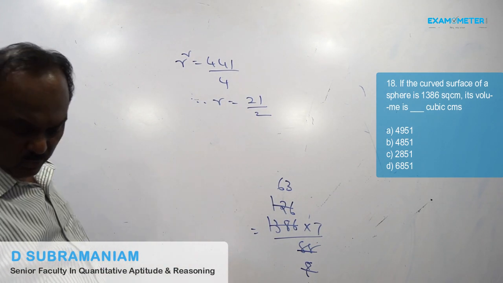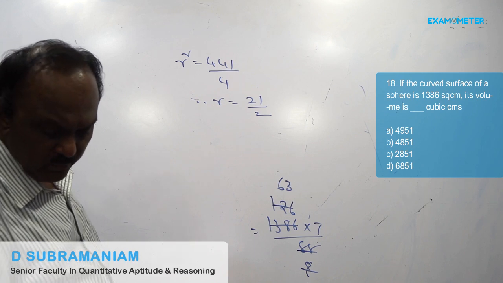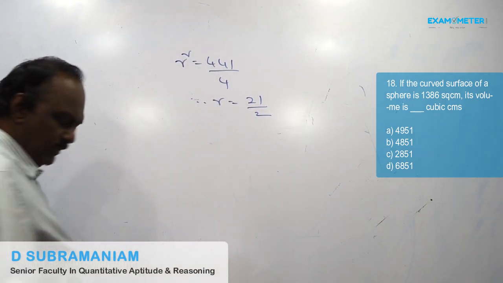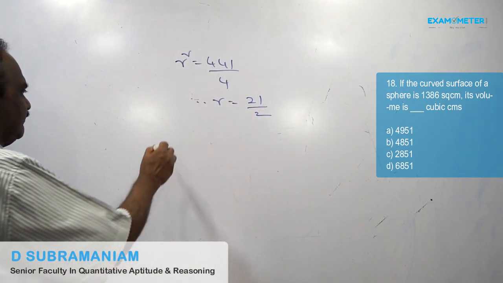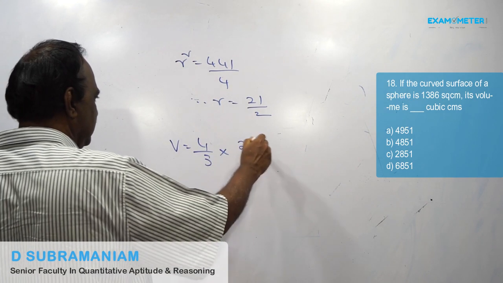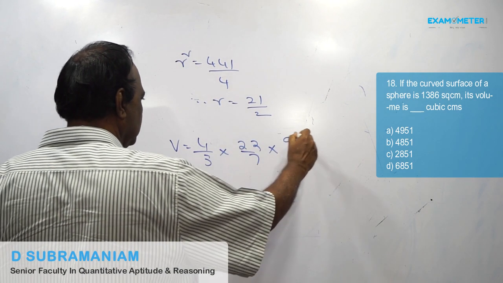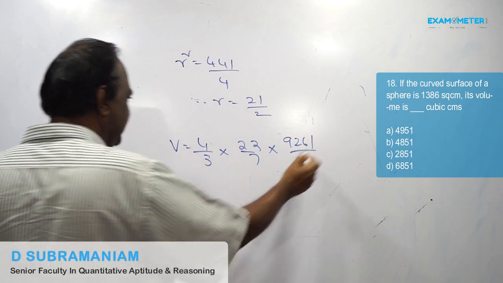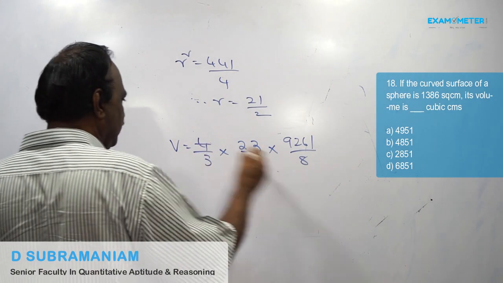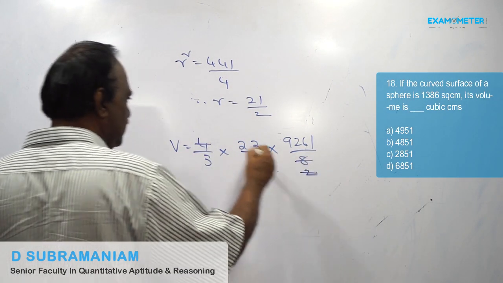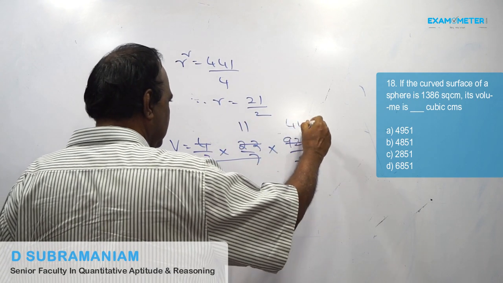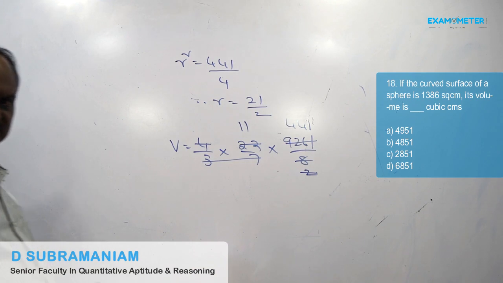Therefore, volume is equal to 4 by 3 pi r cube. 4 by 3 into pi value into 21 cube is 9261 and 2 cube is 8. 4 will cancel 2 times, 2 will cancel 11 times, 3 into 7 21 will cancel 441 times.